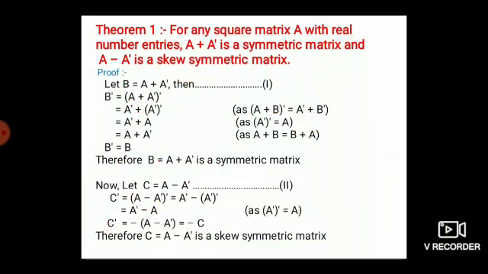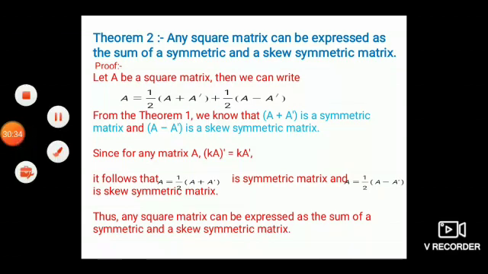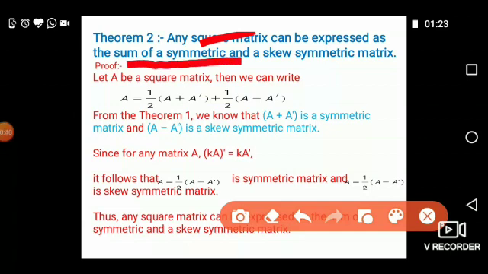Now moving to the second theorem of the matrices. Any square matrix can be expressed as the sum of a symmetric and skew symmetric matrix. In the first session only I told you the 3 mark questions will be asked, either problems or theorems on symmetric and skew symmetricity.